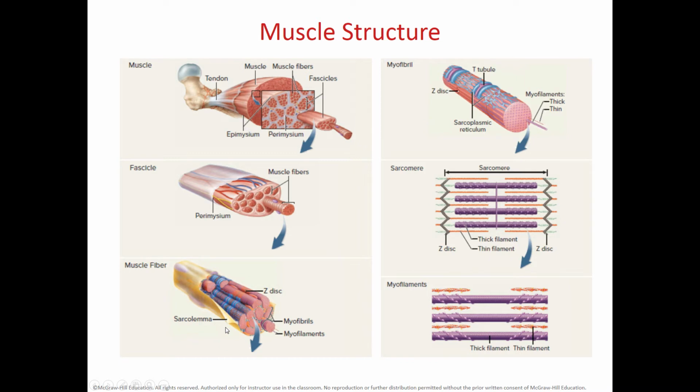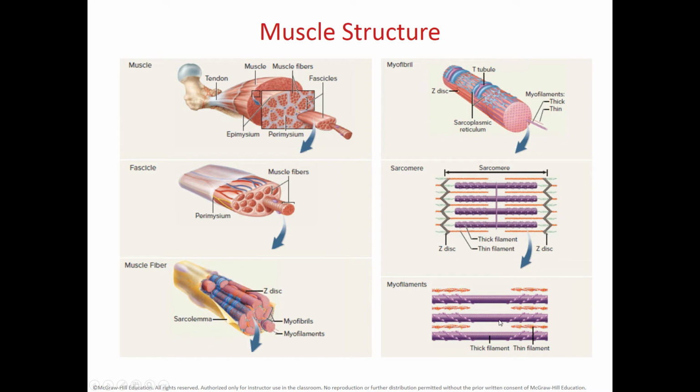The endomysium is a connective tissue layer that surrounds individual muscle fibers, while the sarcolemma is the proper plasma membrane of the muscle fiber. And this muscle fiber has myofibrils inside, and these myofibrils are made of tiny proteins called myofilaments that you can see in this view.